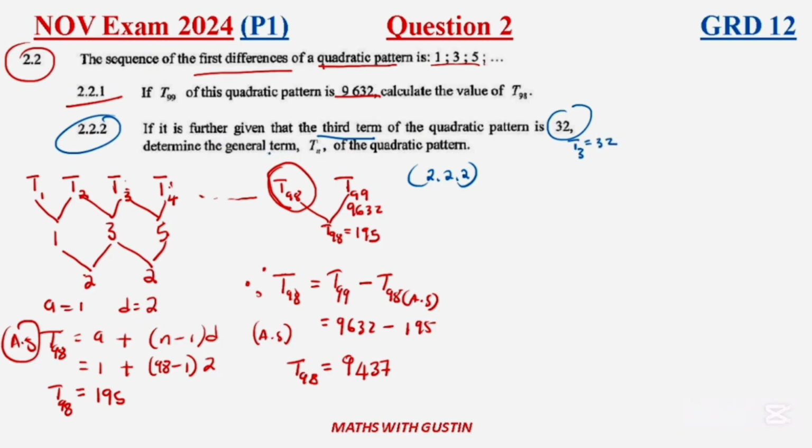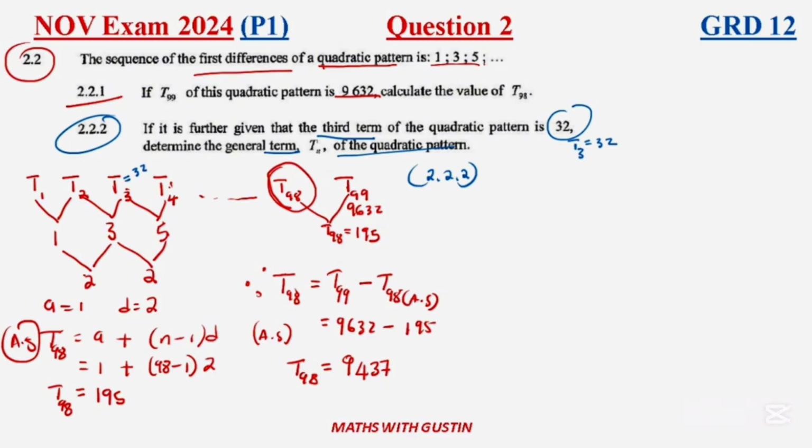Determine the general term of the quadratic pattern. They want us to find the formula for the quadratic pattern. So what you would do here, you already know that if you are given something like this with the pattern, if they said the third term is 32.